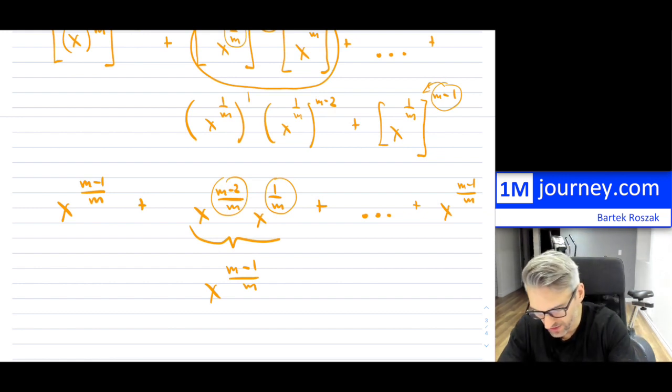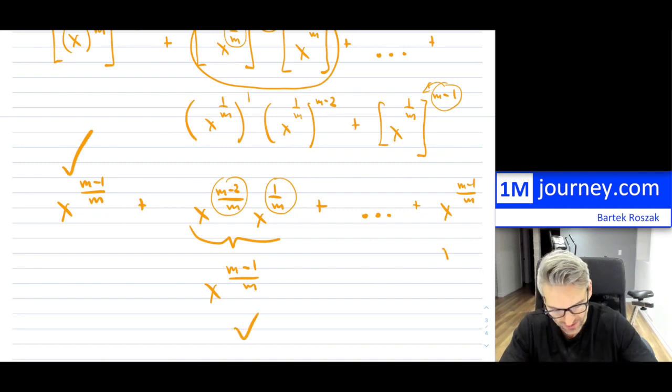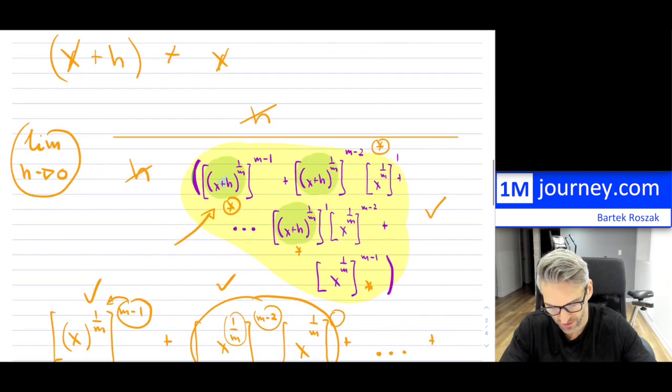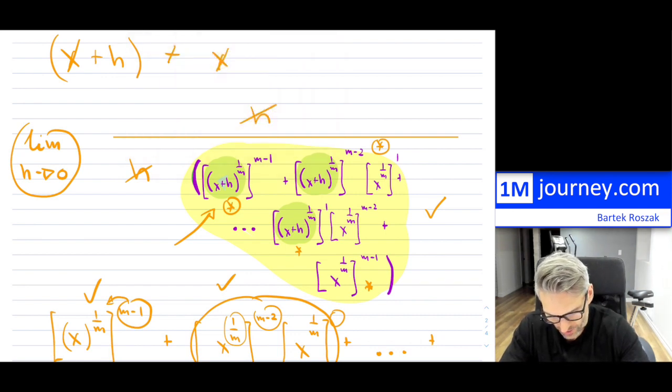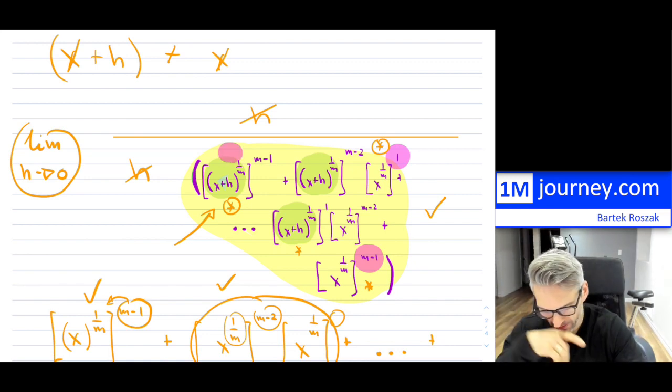Now, how many of these terms do I have? You can see it goes from the second term, from 1, then 2, 3, 4, 5, all the way up to m minus 1, plus the first term, which is this one.